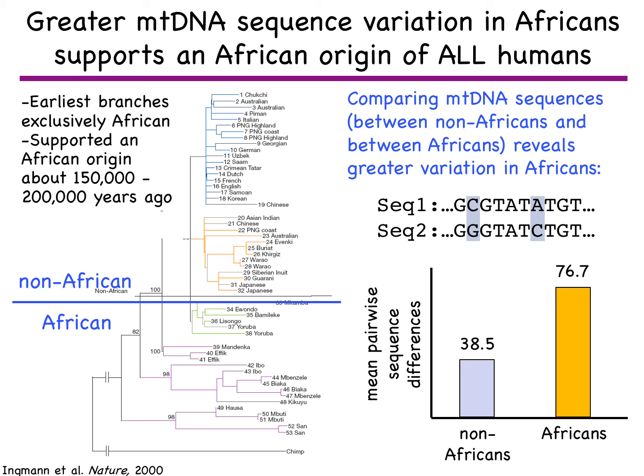In other words, the reason there's more differences between Africans is because they've had a lot more time to acquire all this genetic diversity, whereas if you make the same comparison between non-Africans, you don't see as many differences, simply because people who have left Africa haven't had as much time to acquire all this genetic diversity. This again supports the out of Africa model of human evolution. It says that modern humans arose initially in Africa, and more recently they migrated out of Africa.